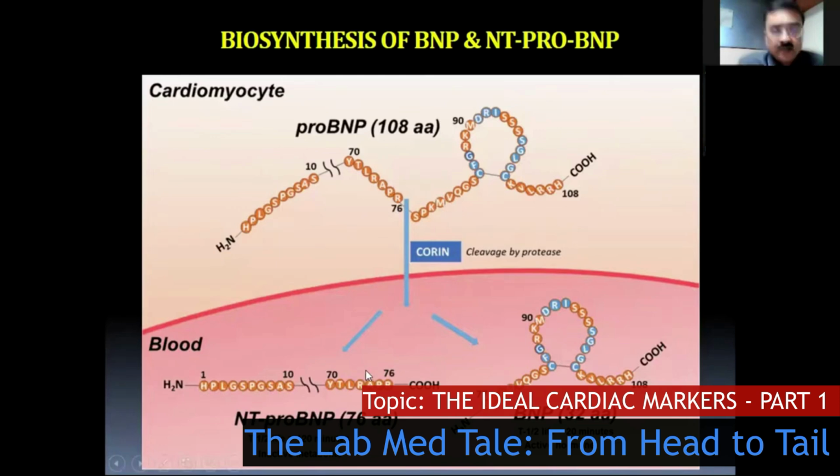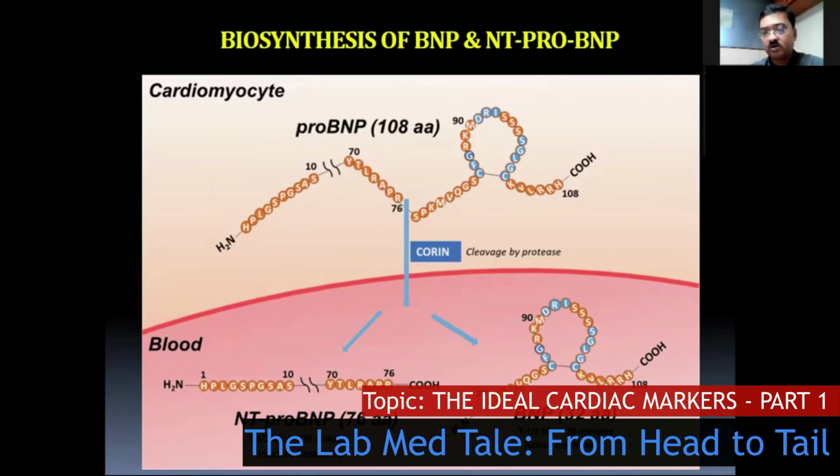BNP has an extremely low half-life, so it is very difficult to analyze this parameter in our lab setup. NT-proBNP is actually the equivalent portion of BNP. One BNP is produced, and one NT-proBNP is produced, just like insulin and C-peptide.